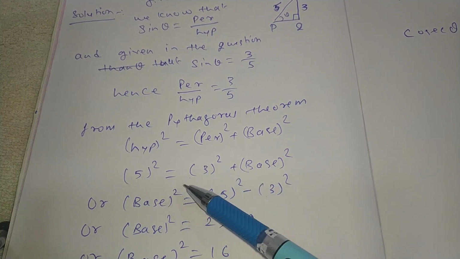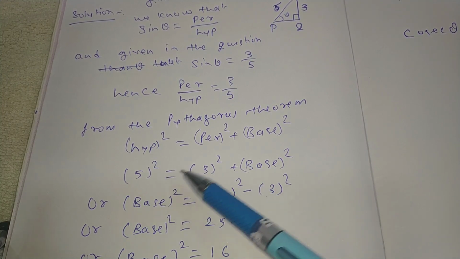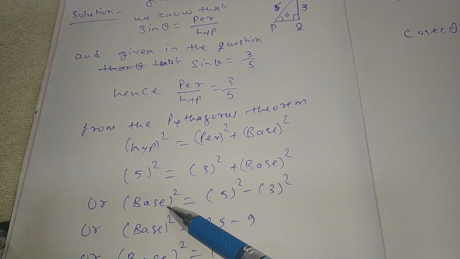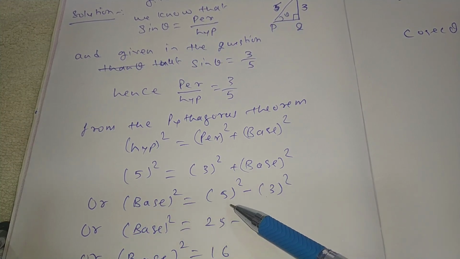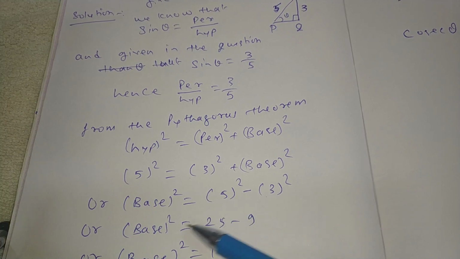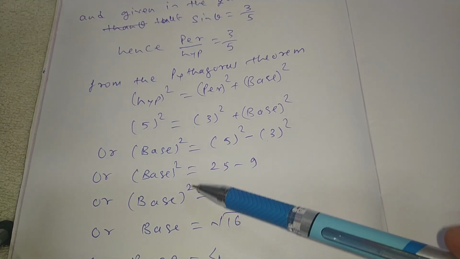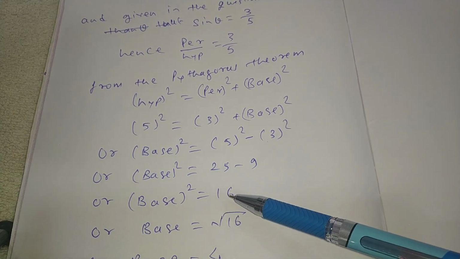If we transpose this to this side, this will be in minus, so we can write base square is equal to 5 square minus 3 square, or base square is equal to 25 minus 9, or base square is equal to 16.